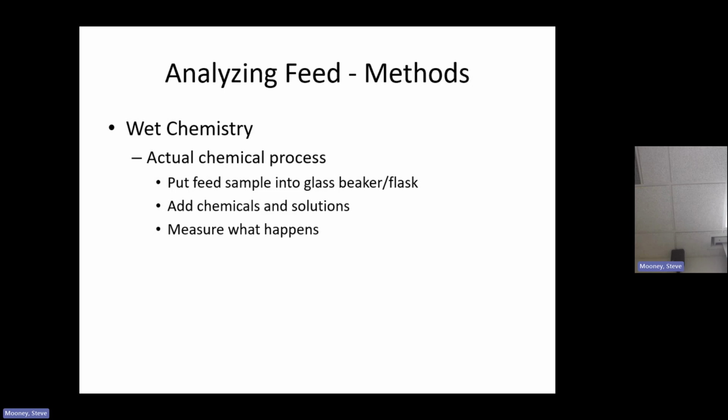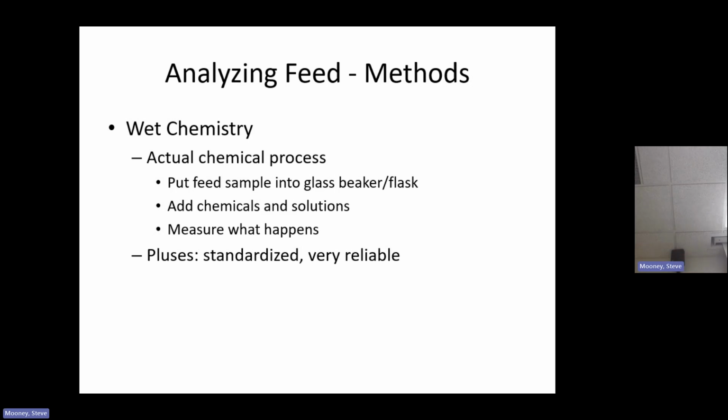You're going to add solutions to that flask or that beaker, that glass container, and then you're going to measure what happens. What colors are generated? What disappears? What remains? Trying to measure things out.